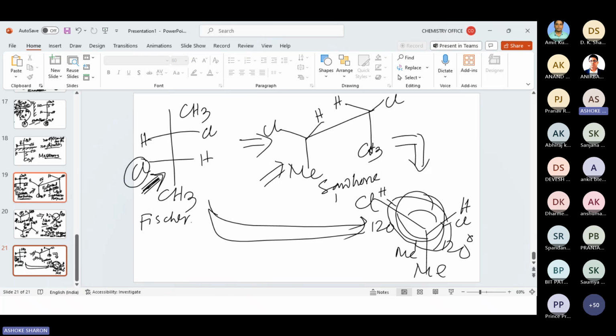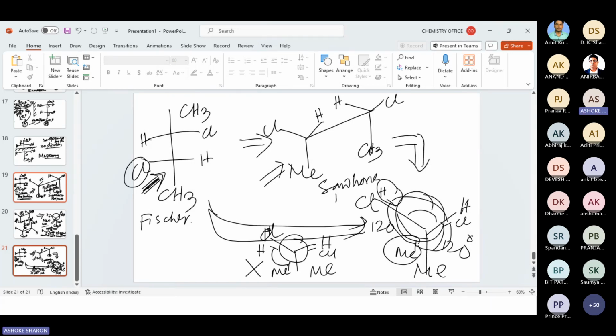Don't put two short lines on one particular side. For example, if you draw chloride, hydrogen, methyl, and then hydrogen, methyl and chloride, this is wrong because you can't write it this way.